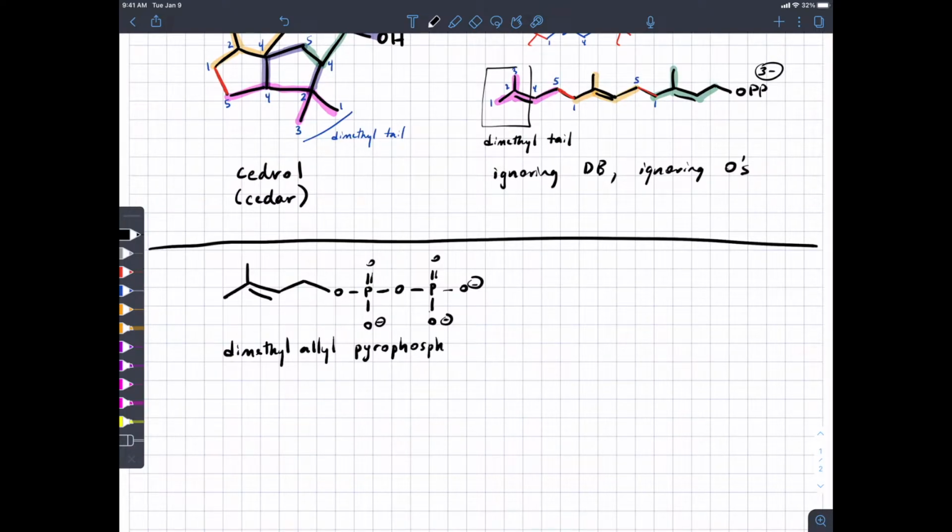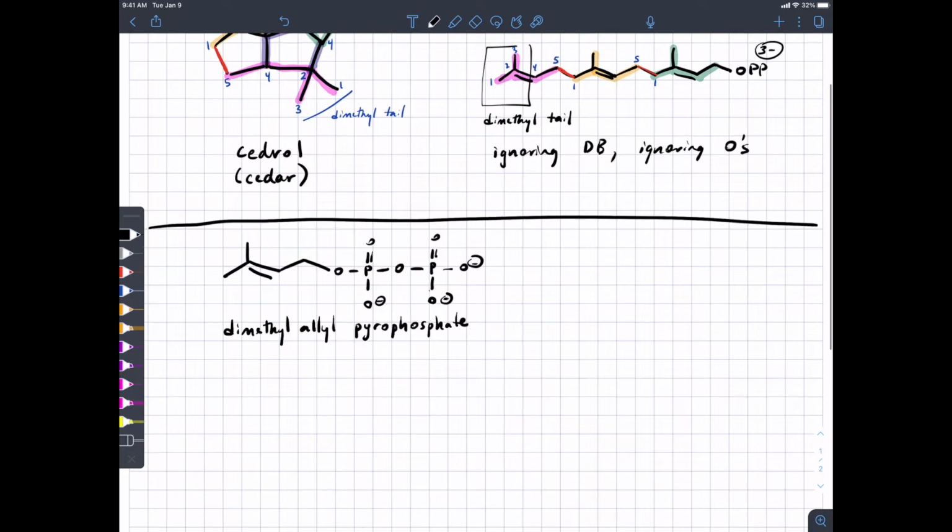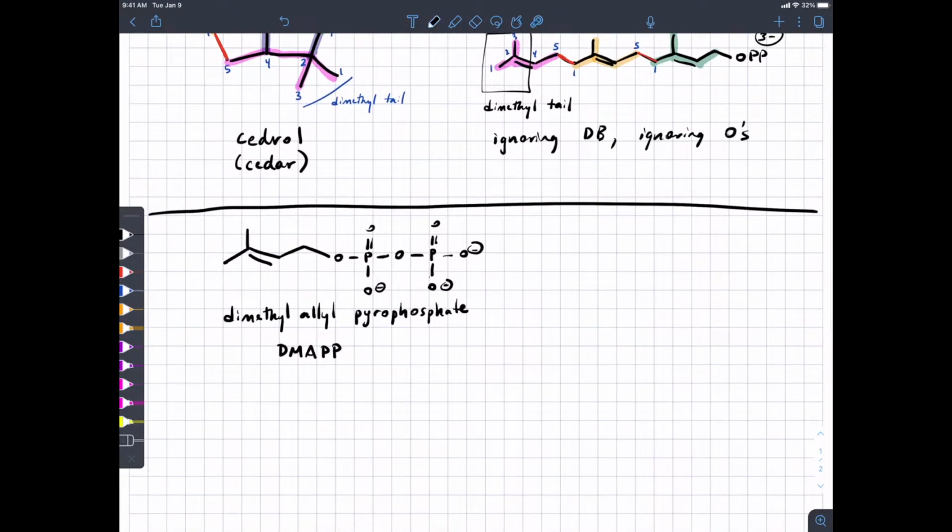I'm choosing the pyrophosphate terminology because I think in future biochem textbooks they're going to abbreviate that pyrophosphate group like this. And so if you don't know that it's pyrophosphate, you may wonder where that comes from. So this is one of our starting materials, and then the other is this.